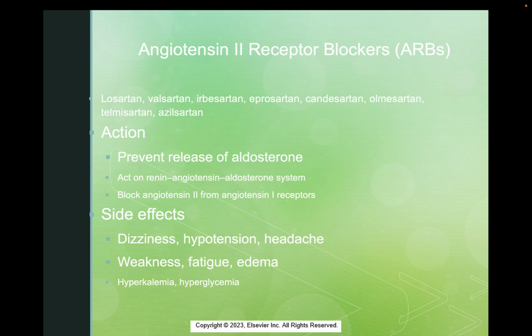The difference between them is ACE inhibitors inhibit angiotensin converting enzyme in the formation. So ARBs cause vasodilation and decrease peripheral resistance. These usually do not have the side effects of an ACE cough, so you won't usually see the dry cough with ARBs as you do with ACE inhibitors.